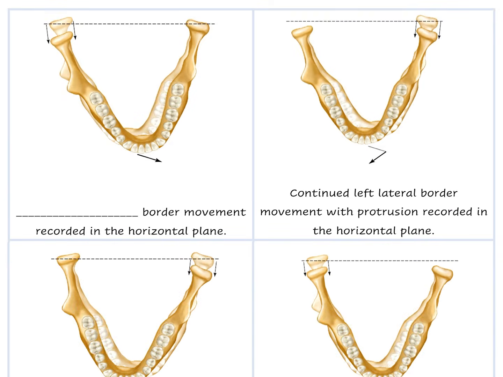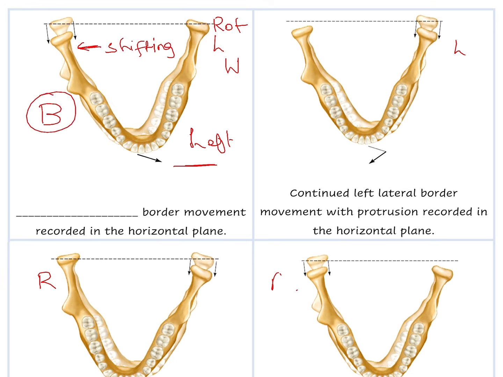But to understand this with a diagrammatic image, this is your left, and this is your right. Now this is left lateral. That means you are moving your jaw on the left side. So this is rotating and this is shifting. This is the working side, this is the balancing side.